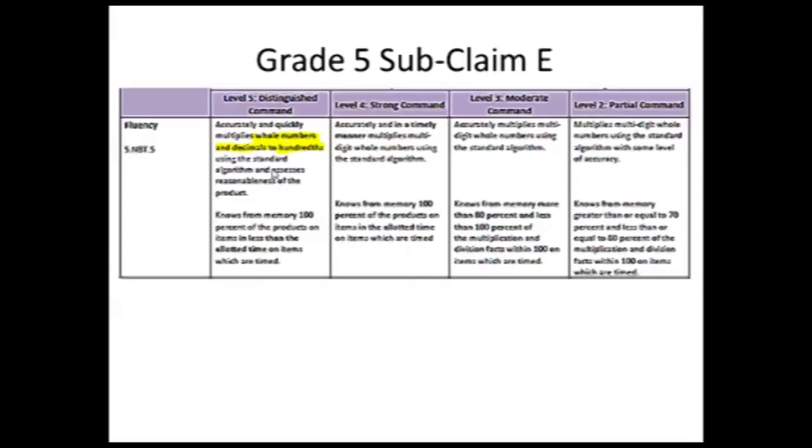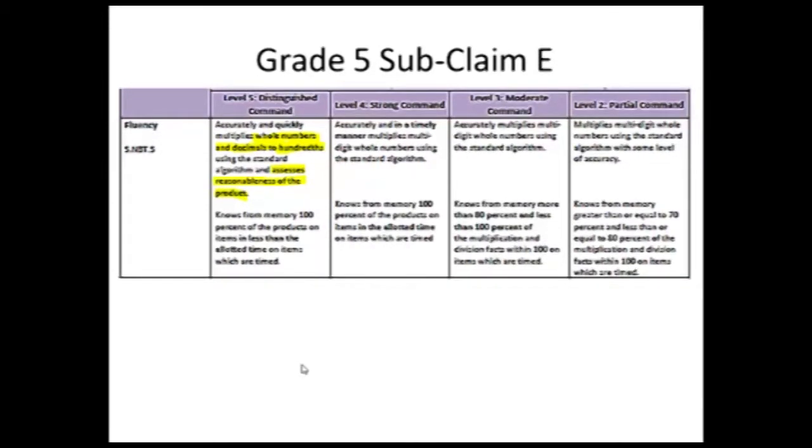And, oh wow, I'm assessing the reasonableness of the product. I'm asking students to really see, am I getting an answer that's appropriate, so that they have a notion of a correct use of the algorithm.